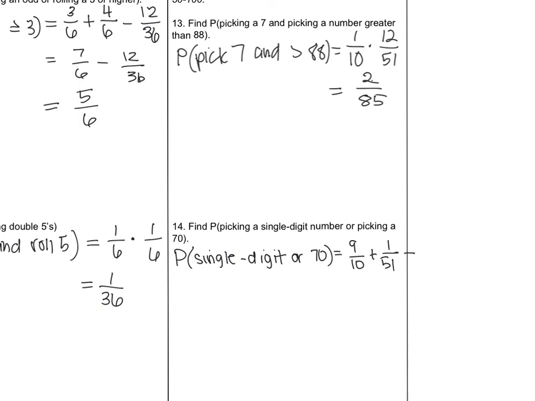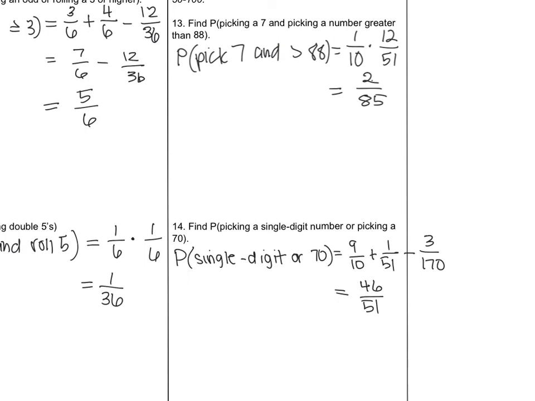But then we have to subtract the probability that when I draw from each event, I get a single digit and I get a 70. So I have to multiply my two probabilities together, which is 3 over 170, so 9/10 times 1 over 51. And when I do the math in a calculator, we're going to get 46 out of 51.